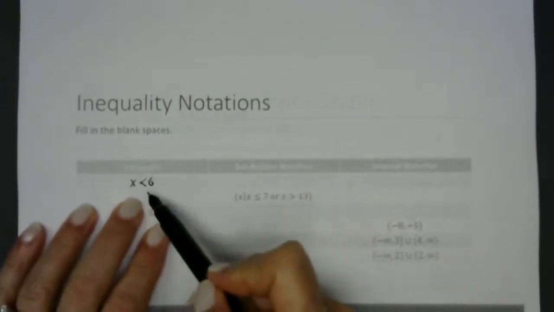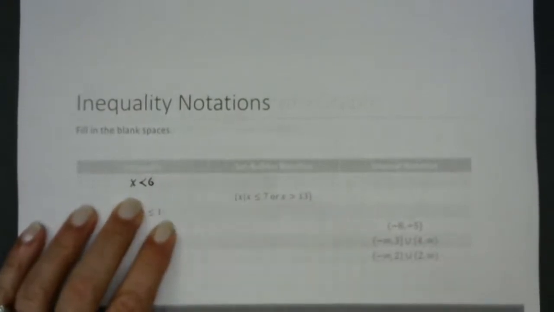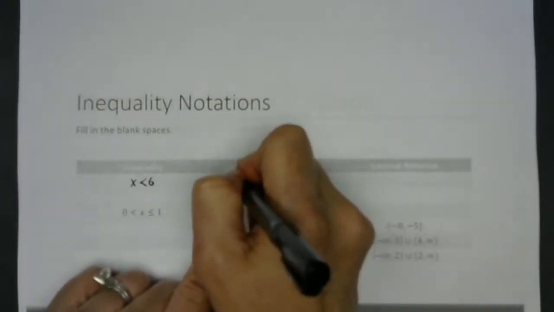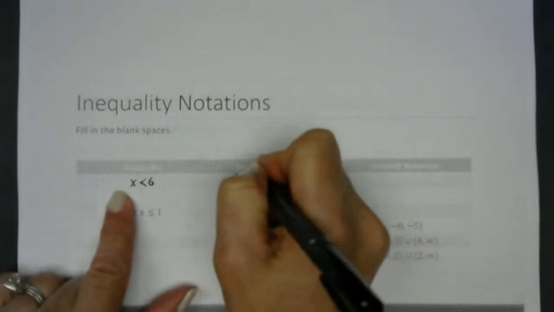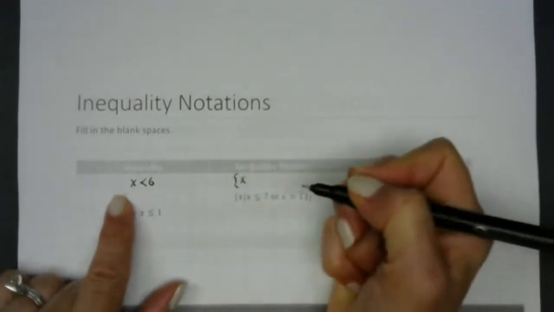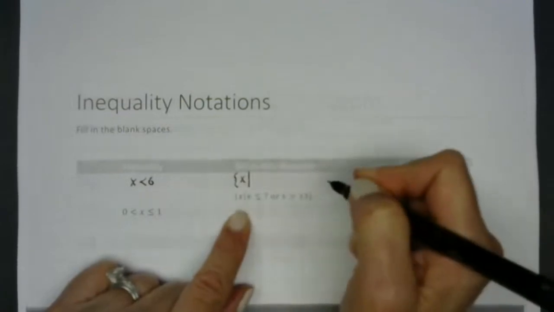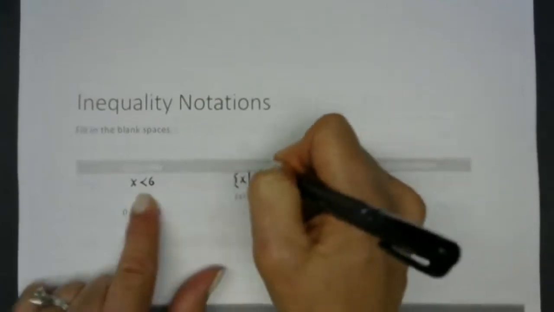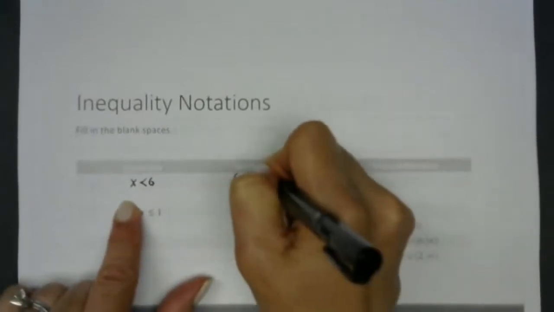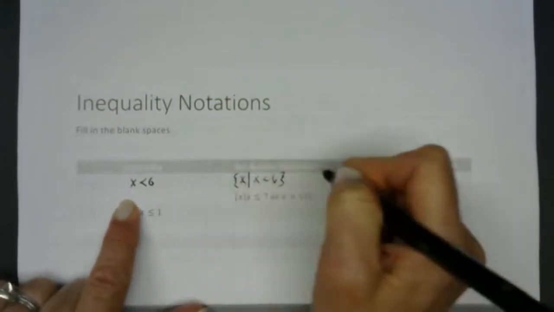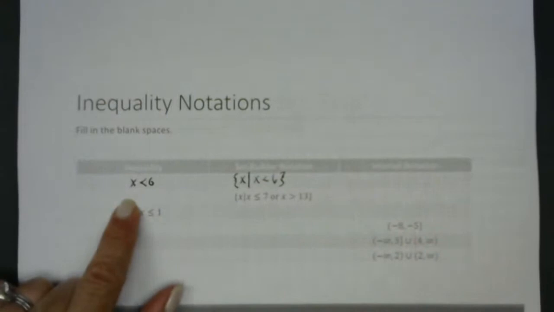So this is indicating that I'm interested in all the values that are less than 6. If I were to write that in set builder notation, I would use a curly bracket, and I would say the variable is going to be x. So this would be the set of all x, and the vertical line means such that. So it would be the set of all x such that x is less than 6. And then I'd use that curly bracket that indicates that's the end of the set.